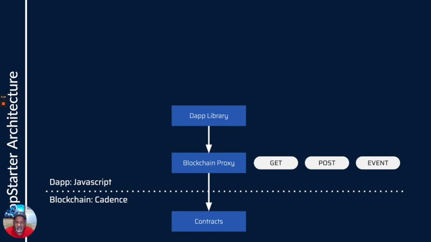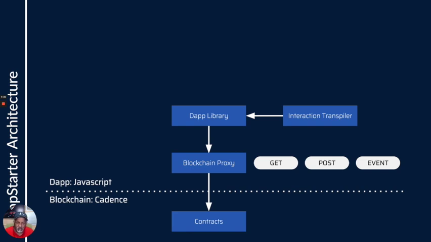Moving further up the stack. Now, in Flow in particular, we have something called an interaction transpiler. With the Flow client library, when you have a script or a transaction that needs to interact with the blockchain, you essentially have to use Cadence code within an FCL JavaScript call.